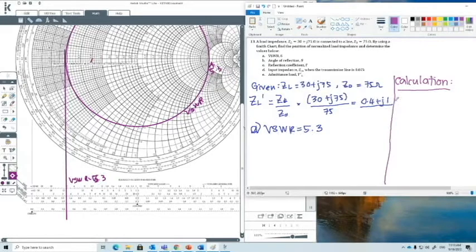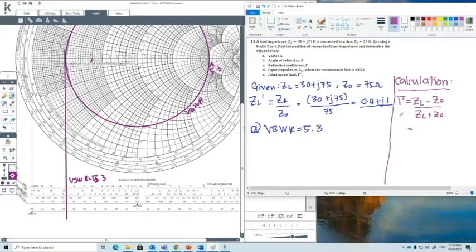Sebelum kita boleh ukur VSWR, you kena cari step yang ketiga ni, jawapan yang ketiga dulu, iaitu reflection coefficient. Okay, reflection coefficient rumus dia adalah ZL minus Z0 bahagi dengan ZL plus Z0. Okay, so bila you masukkan nilai ZL awak, 30 plus J 75, Z0 adalah 75.